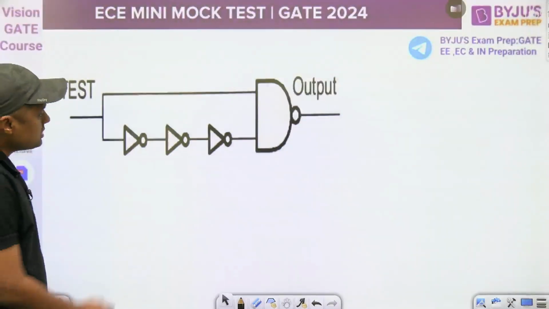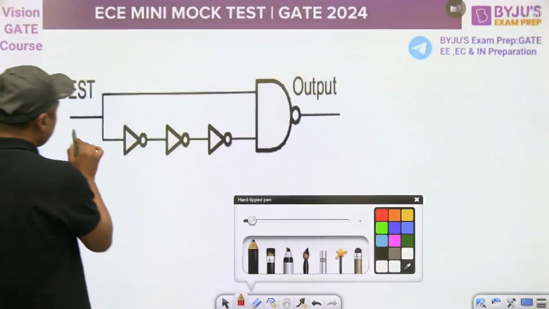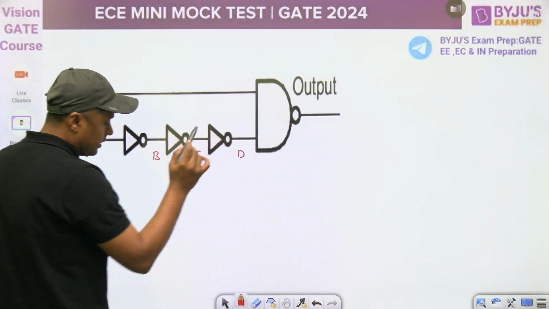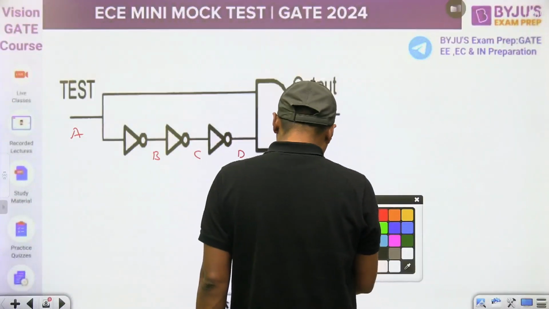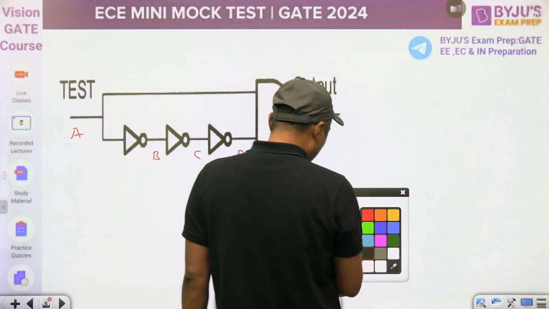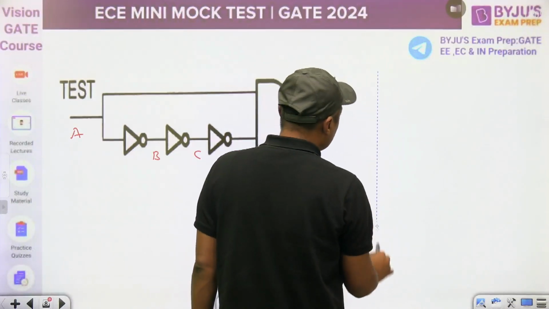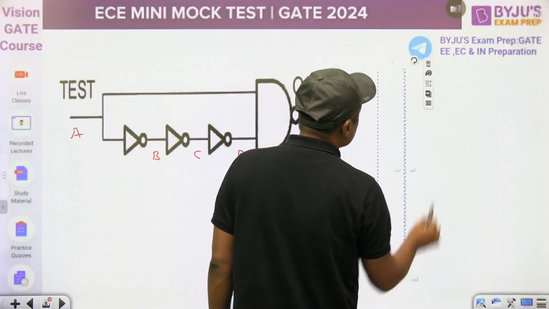Because each gate has equal delay, you can write that this input is A, then this will become B, then C, then D. For example, each gate has a delay of 10 nanoseconds. We are just assuming equal delay means 10 nanoseconds.